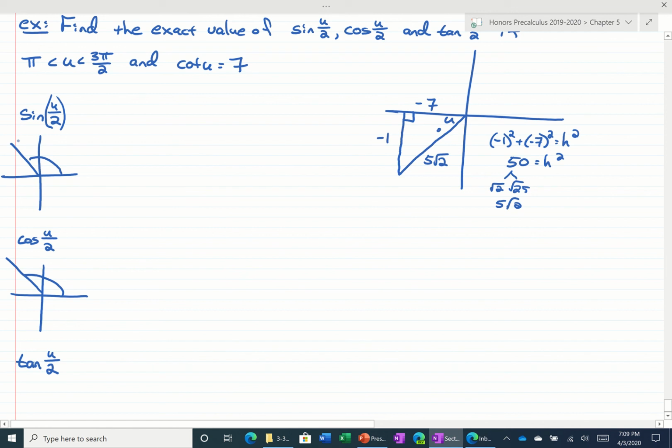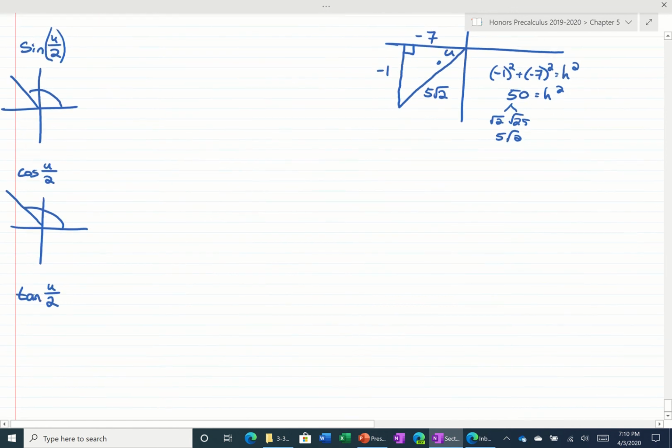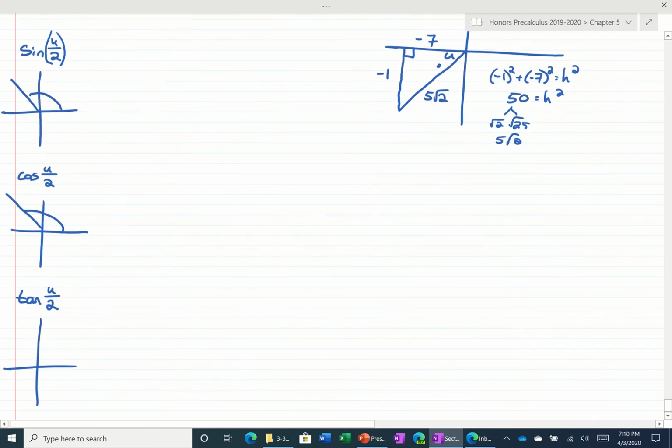The only thing positive in quadrant 2 is sine. So when we go to write our answer for these, that's going to tell us that we need to make sine positive, cosine negative, and tangent would also be negative. So that's the first consideration: what quadrant is u divided by 2 in.